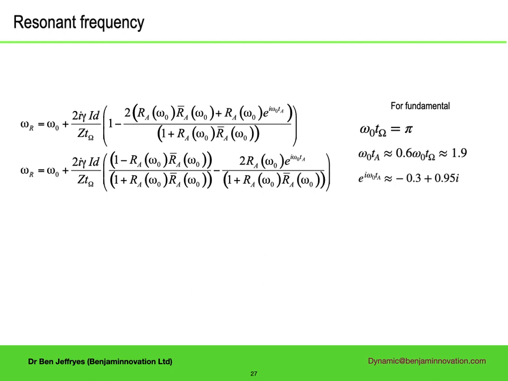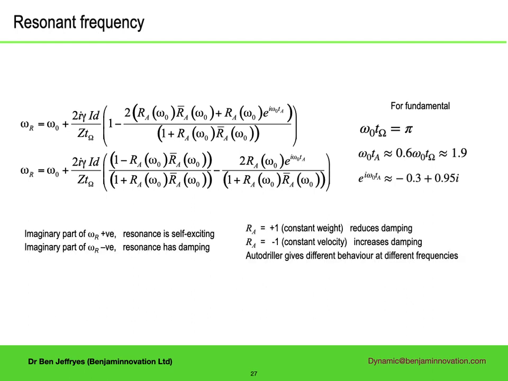These two equations for the resonant frequency are just rearrangements, and you can see that in the particular case that the reflection coefficient is of magnitude 1, the change in frequency is proportional to Ra times this phase. If the imaginary part of the change in resonant frequency is positive, then the surface reflection makes the resonance less damped. If it is negative, then the surface reflection adds damping to the system.